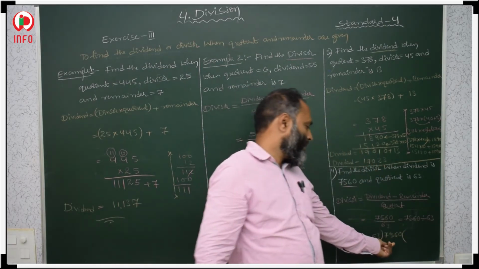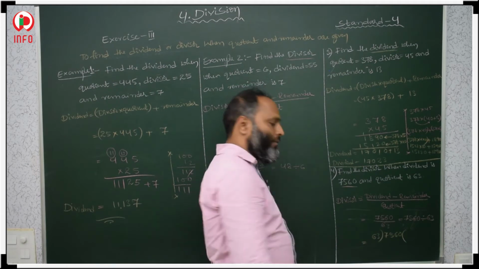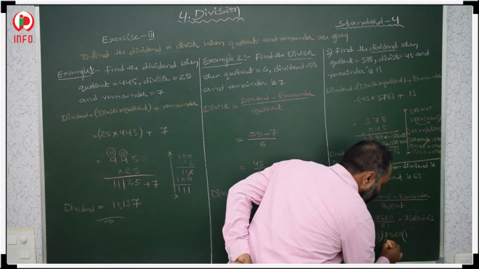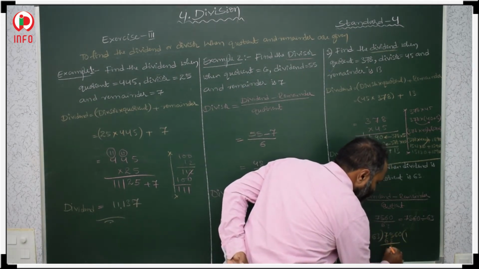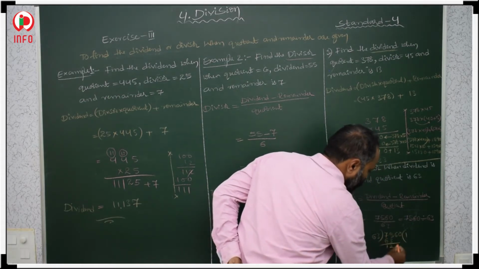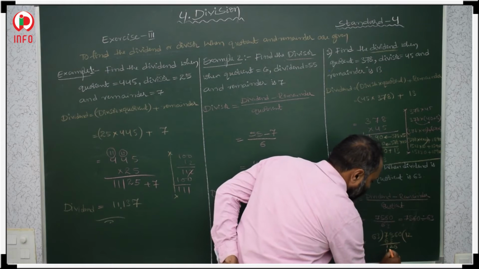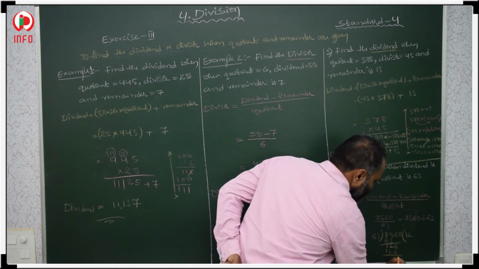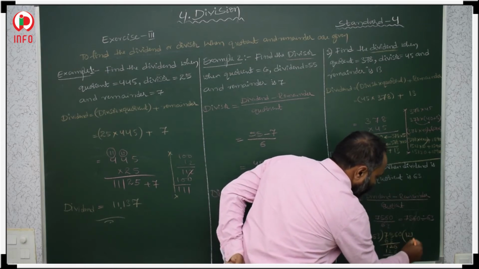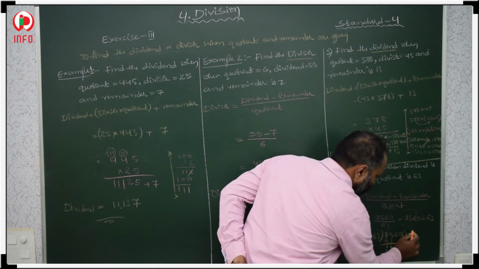First we have to take 75. 63 ones are 63. Then 12. And this 6 we have to take. 63 twos are 126. And here this 0 is left. We have to take that 0 here.